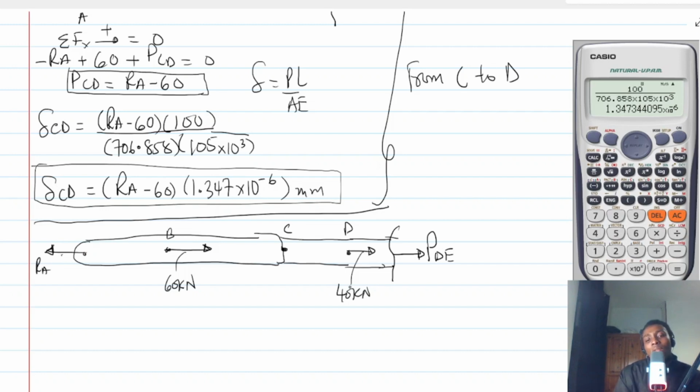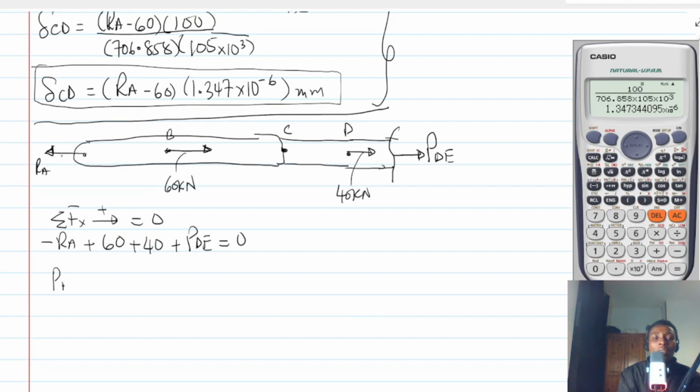Now from here we can see that summation of forces along X positive should be 0. So this is equilibrium. Minus RA plus 60 plus 40 plus PDE should be 0. What is PDE then?